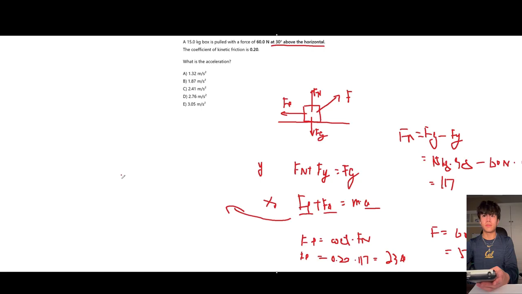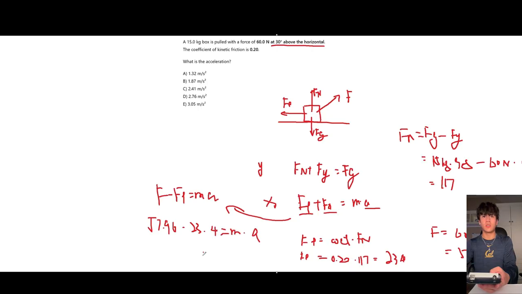Oh, I wrote the equation wrong. It should be F minus the friction force equals mass times acceleration, because the friction force opposes the applied force. So 51.96 minus 23.4 equals mass times acceleration.